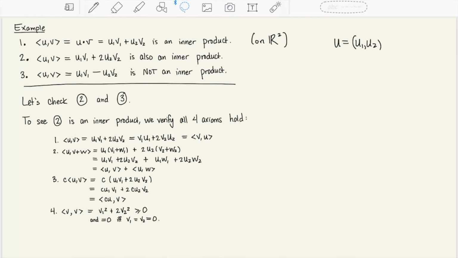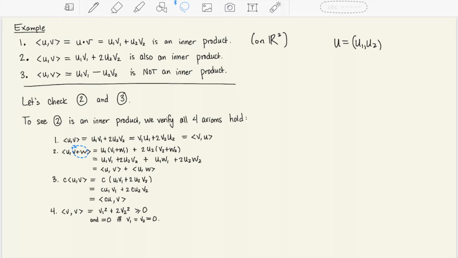How about the second rule? Now we want to see that u paired with v plus w gives us the same thing as u paired with v plus u paired with w. Again, we follow the rule and use the definition of this new inner product. It helps to think of v plus w as being inside parentheses.